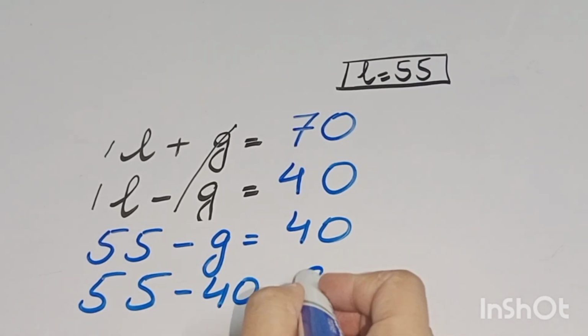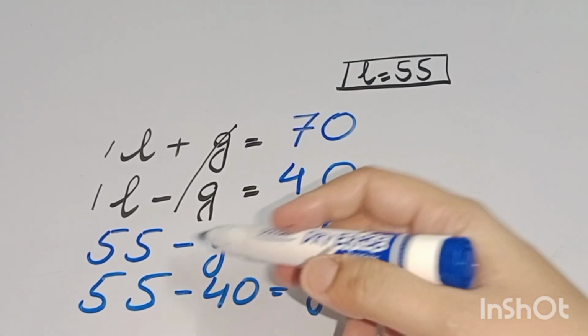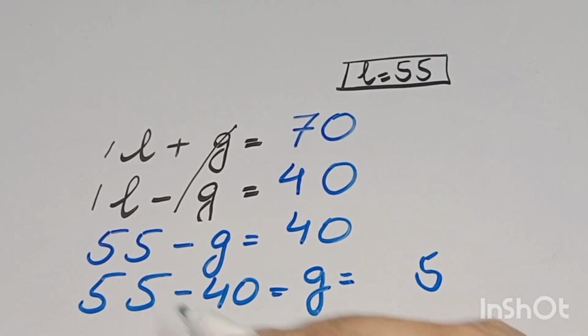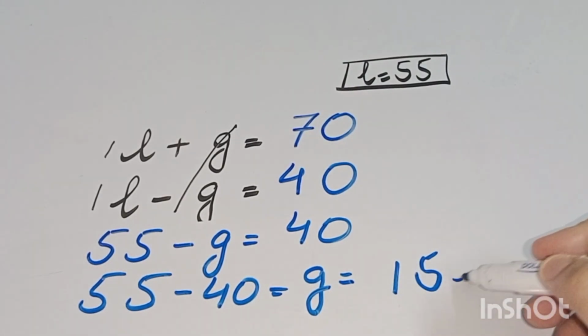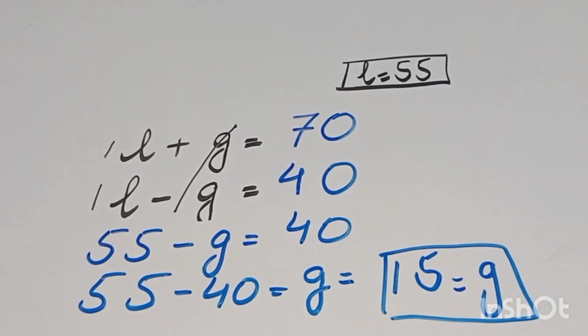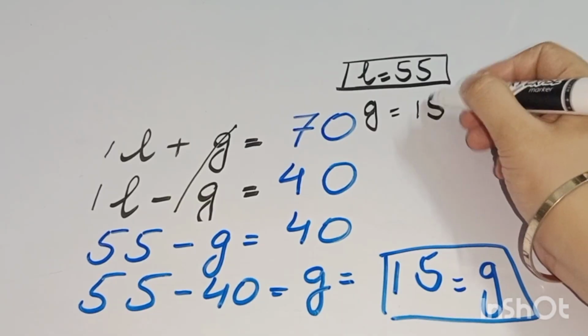Negative G will become positive G. 55 minus 40 will become 5 minus 0 equals 5, 5 minus 4 equals 1. So the value of G here is 15. I will write these values here. G is equal to 15.